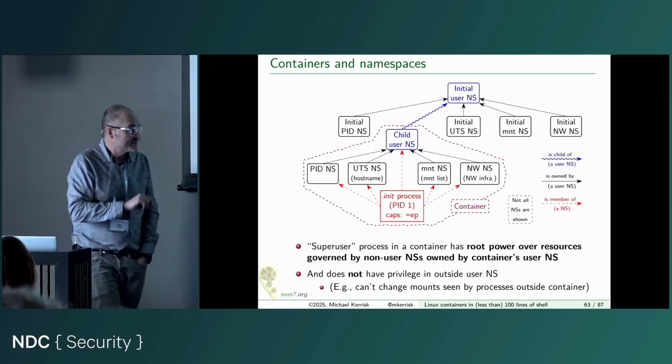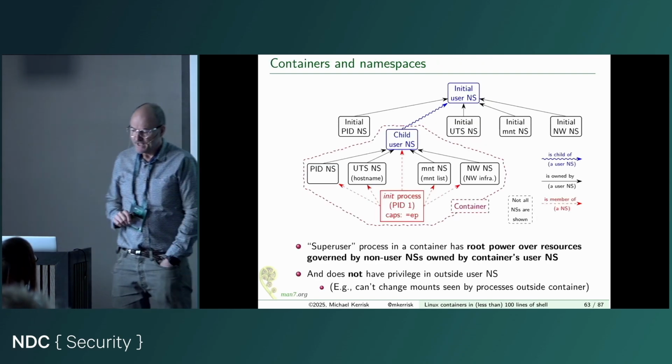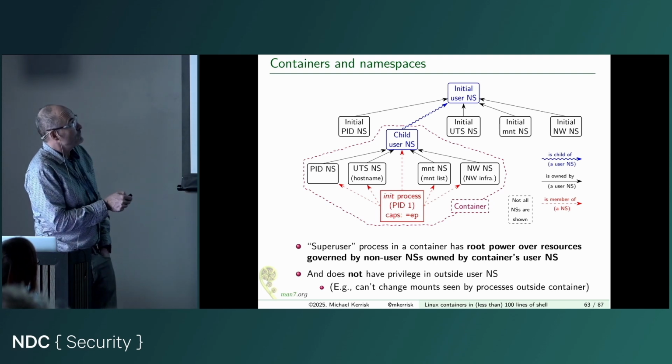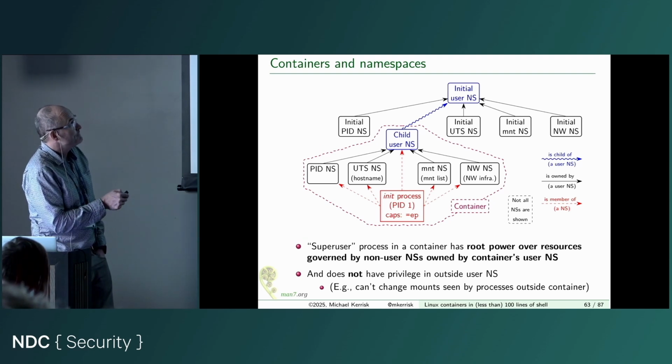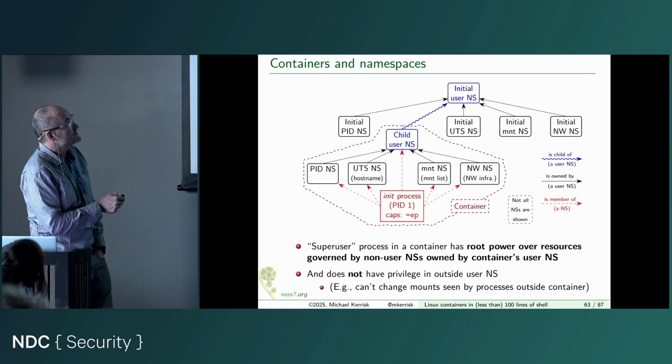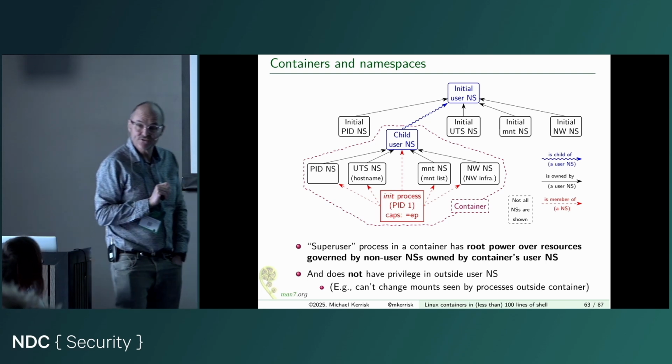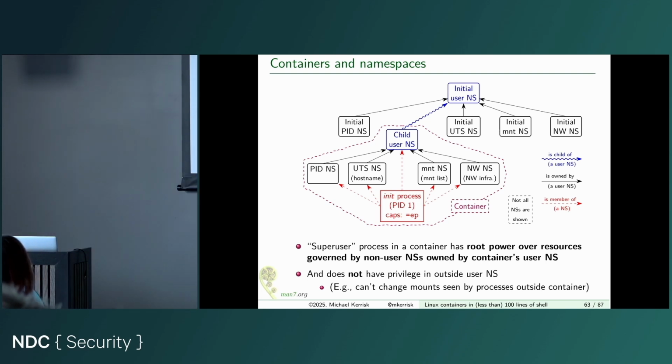And there's the picture I wanted. Here's the setup we've ended up with. Here's our container, like this. It's got a user namespace, and there's a number of other namespaces, a mount namespace, a time namespace, UTS namespace, and so on, that are all owned by that user namespace.